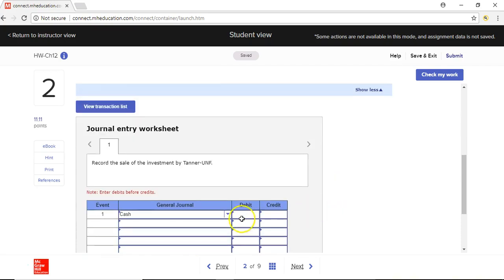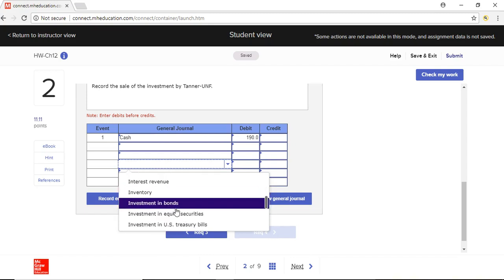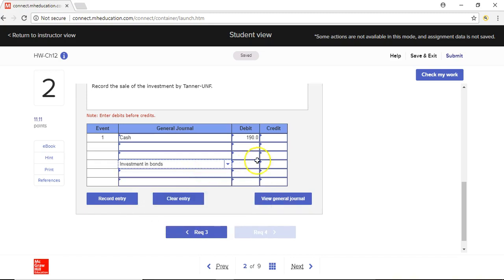So $190 million is the cash we received. And then we need to get rid of the book value of these investments. Book value of bonds has two components. The face value of the bonds is called investment in bonds. So we credit investment in bonds at the face value of these bonds, $240 million.